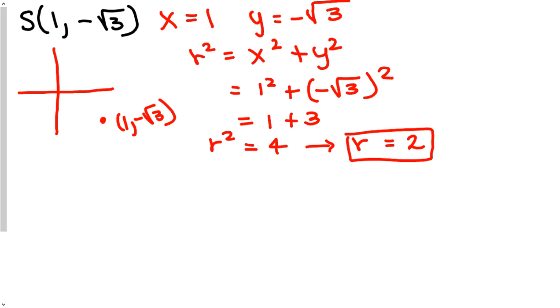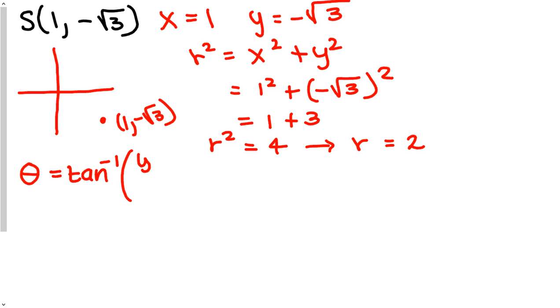Now, we want to find the angle, and the only way we can find the angle is to use tangent, because tangent is the trig function that involves both x and y. So to find my angle, theta equals tangent inverse of y over x.